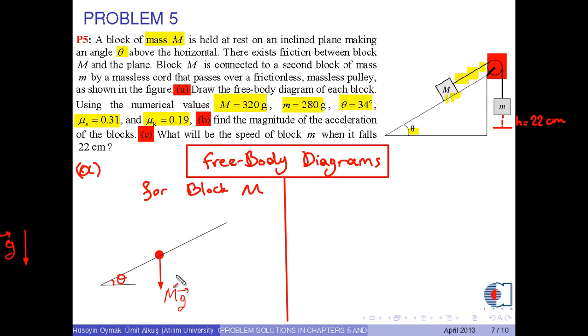Tension force T is drawn in the direction pointing along the cord. It is now parallel to the surface as observed. The normal force, denoted by N, is drawn perpendicular to the surface.